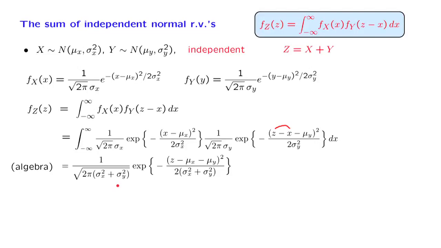What is this form? Well, it's exponential of minus z minus something squared divided by a constant, and we recognize that this is the form of a normal random variable. It's a normal random variable whose mean is given by this term here. It's mu x plus mu y.